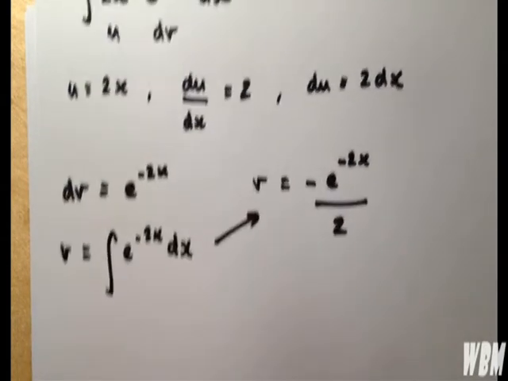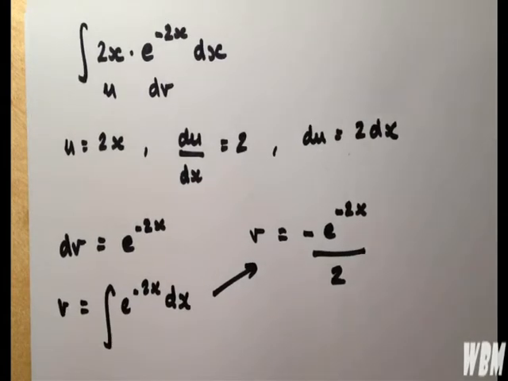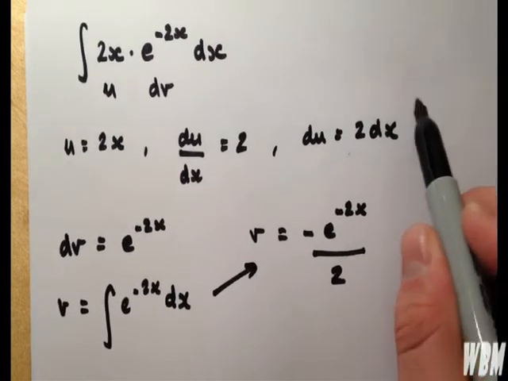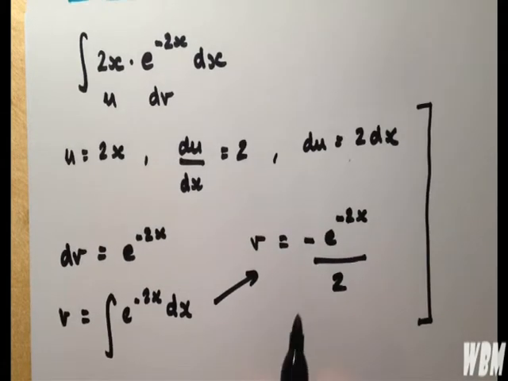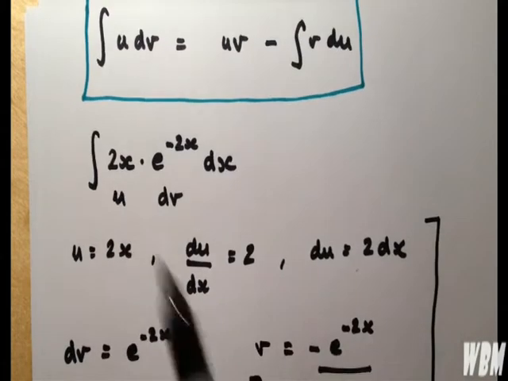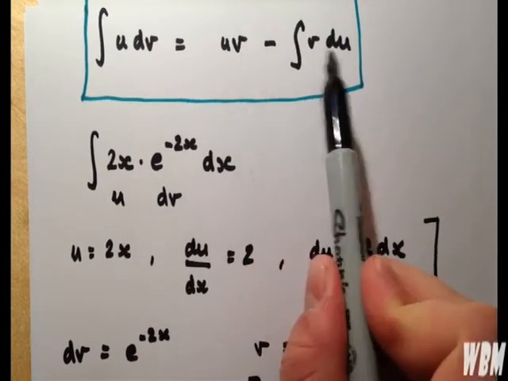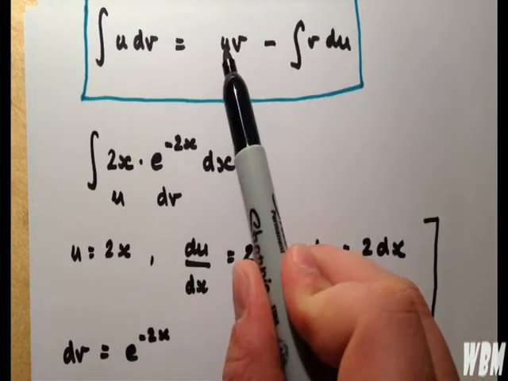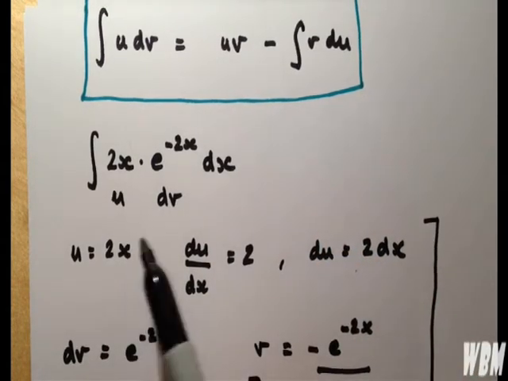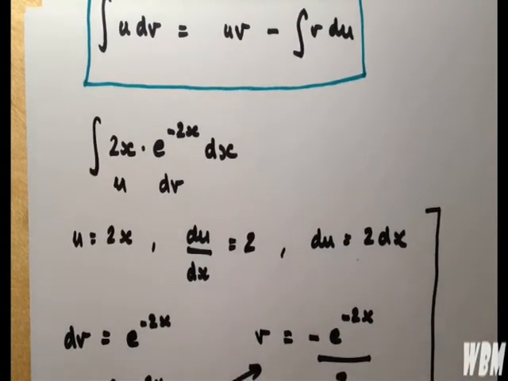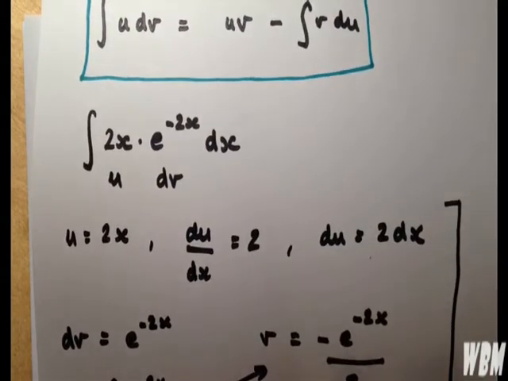Okay, now we have all of the basics here that we need to rewrite this as this. So now we're going to rewrite it uv. Now we have u equals 2x, and we have v, if I can move my paper up, v is equal to minus e to the minus 2x over 2.